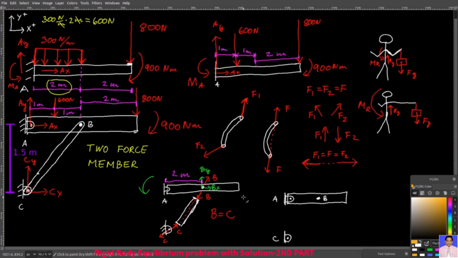And if you're wondering if this configuration really keeps the structure from rotating about point A, then remember, both the beam and the BC member are assumed to be rigid. The BC member connects points B and C. If I start rotating the main beam in this way, for example, or in this way, then the distance between the points B and C would start changing.